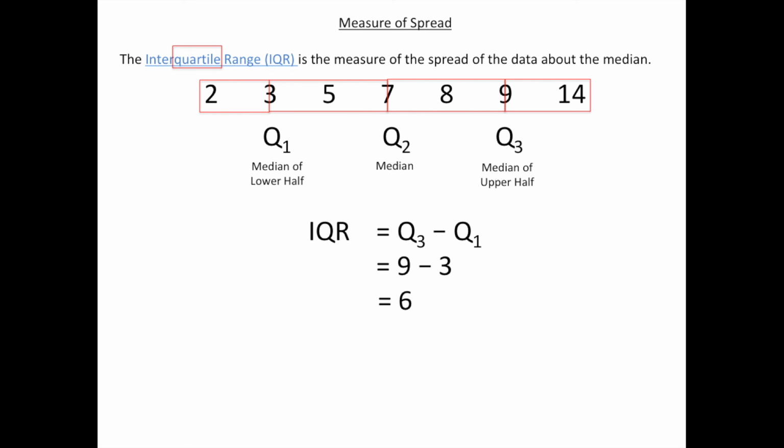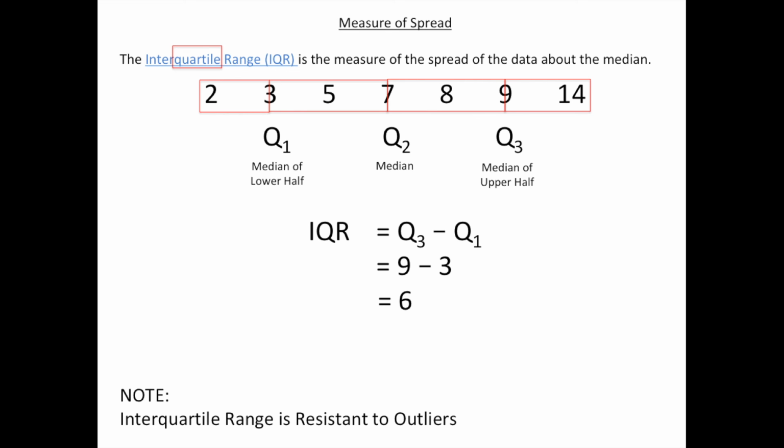Now, since the interquartile range is dependent on the median of the data, this tells us that it is resistant to outliers. So anytime that you report the IQR, you want to use the median to record the center, and these are both resistant to outliers.